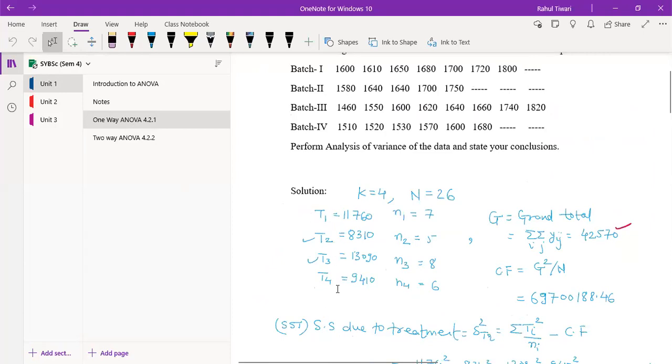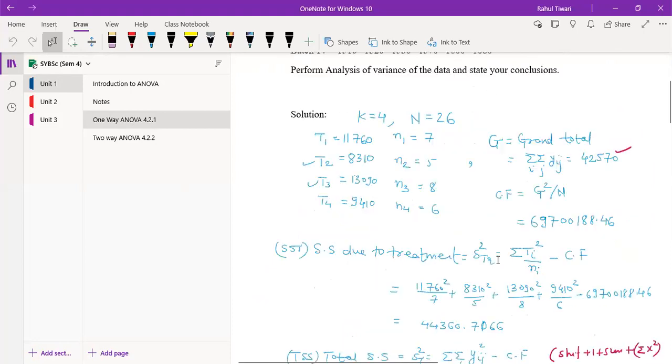Remember, same way we have to do it. There is no change in the data. So first you find out how many k are there, how many n are there, right? Find out T1, T2, T3, T4. Instead of this n, now we have r. Even grand total formula is the same, CF is the same. Find out treatment sum of square using the formula Ti square upon Ri.